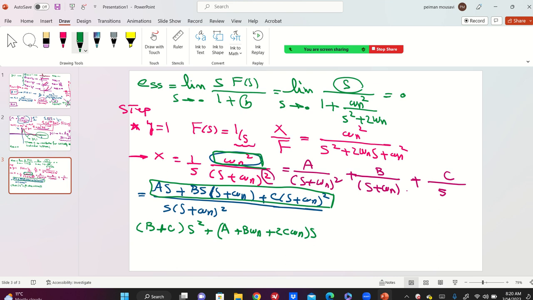And the only constant number you have is C omega n squared, equal to omega n squared.